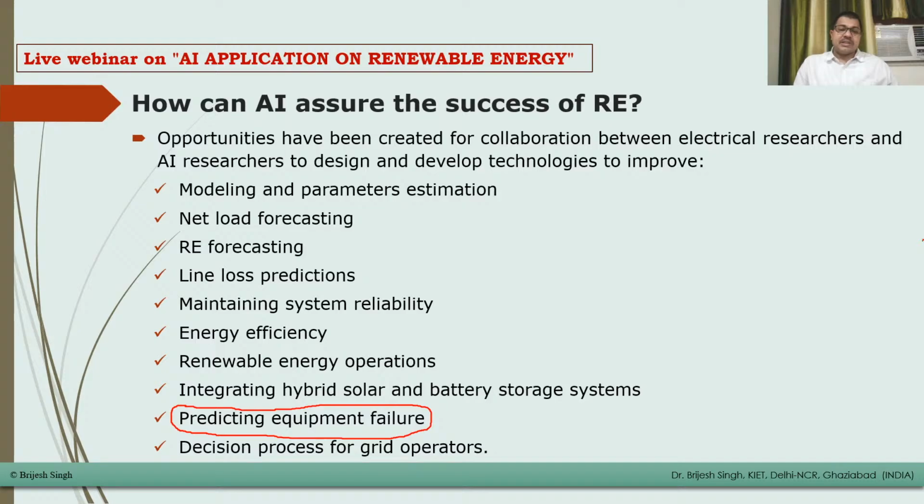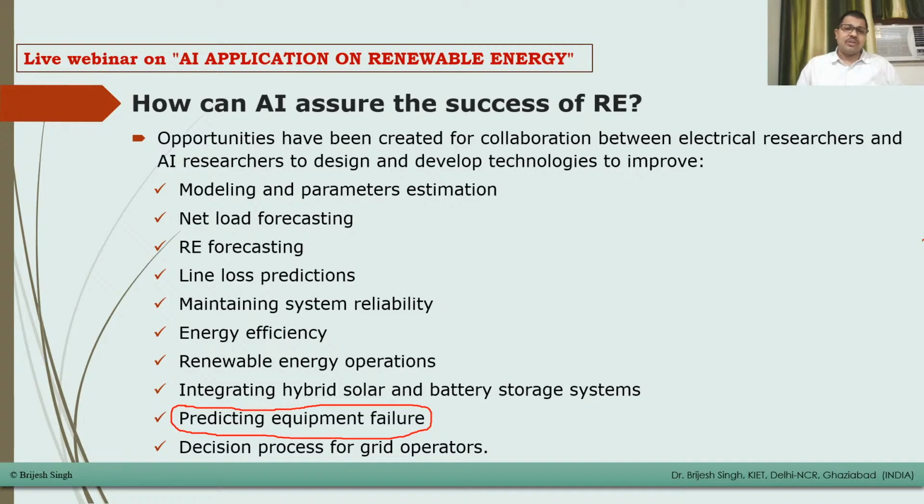Next, decision process for grid operators. If you go to the internet or the different literature or books, you can see that the entire country depends upon different load dispatch centers, at different levels. At the national level there is the National Load Dispatch Center, NLDC.